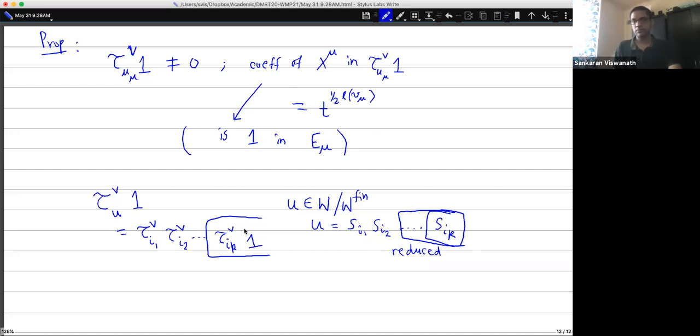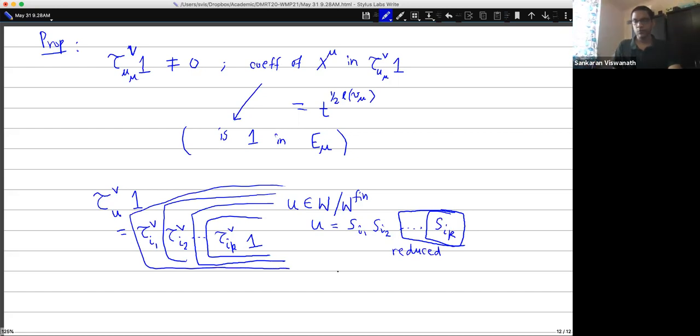So this is going to give you some Macdonald polynomial equation. And if you cut it off at the next step, that again corresponds to some other tau U dash, which is s_i(k-1) s_ik, if you wish. So that's again a Macdonald polynomial, and so on. So there's a certain recursive nature to this definition. The Macdonald polynomial that you're computing at every intermediate step is a Macdonald polynomial, and you're acting some single tau i check on the previous one.